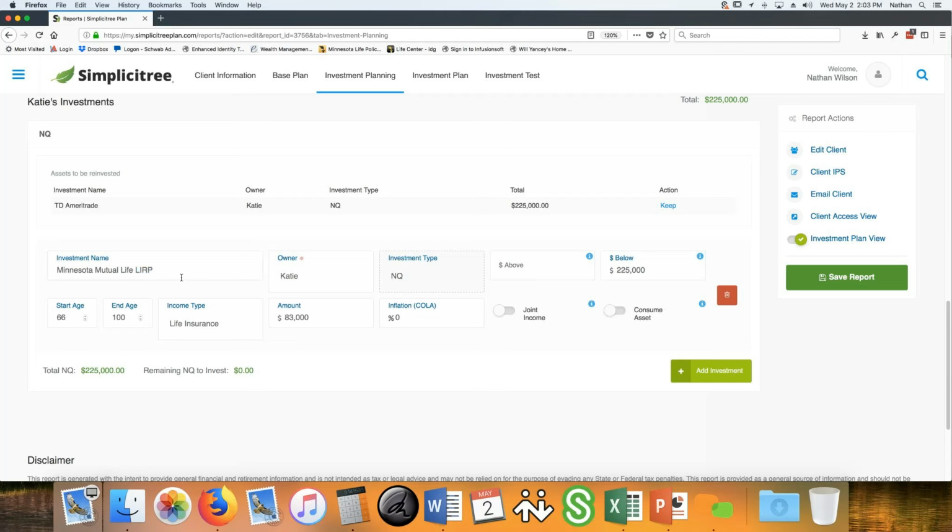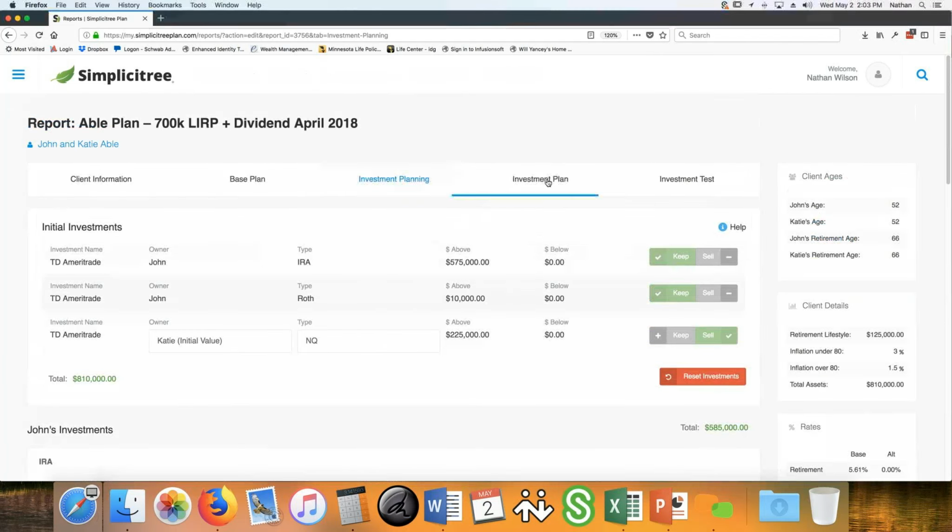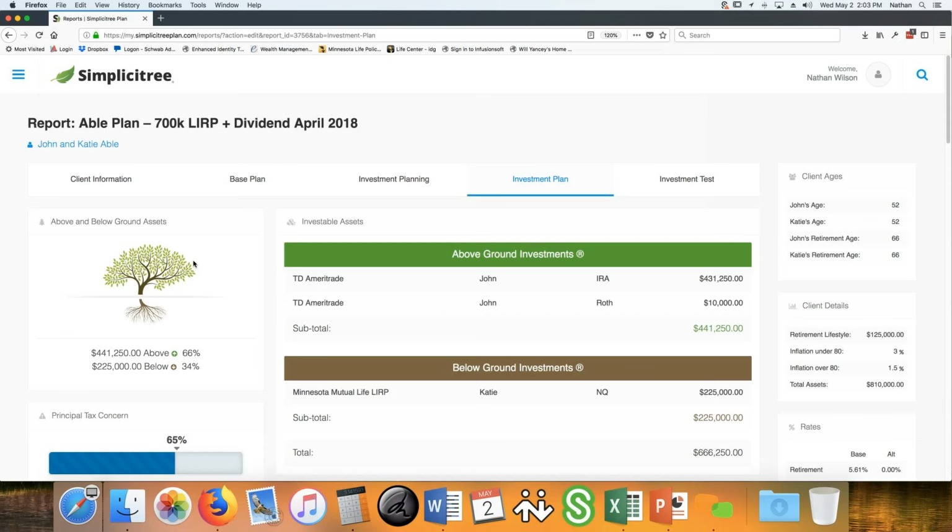That means this is designed to kick off income from age 66 all the way through 100, and that's going to be $83,000. That $83,000 is not subject to taxes. We call that triple tax protected from 3 types of taxes. So let's go in here and see what this looks like. Well, first off, there's a couple things we've noticed here.